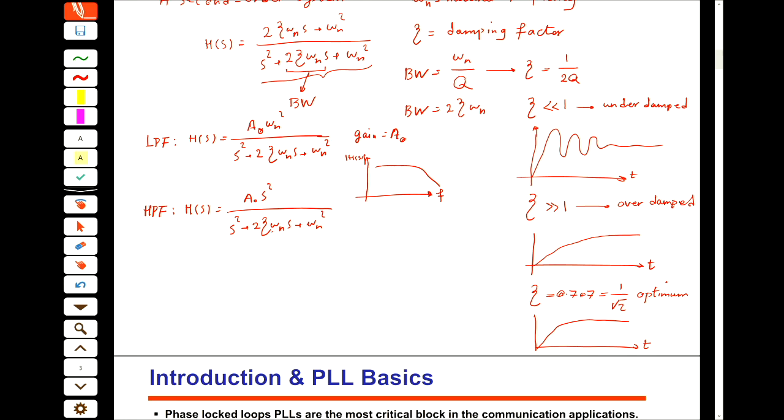At s equal to 0, it's 0, and at s equal to infinity, the gain is A naught. The absolute value of the transfer function looks like this, and here this is omega n.